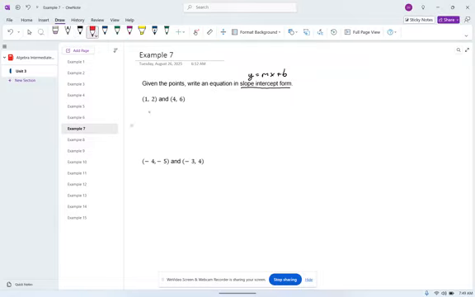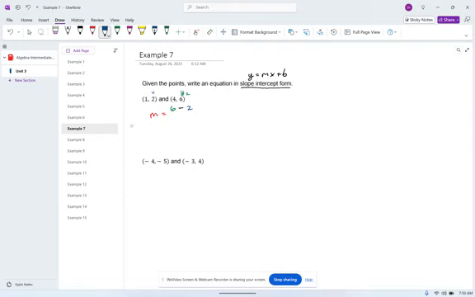And so, again, we go back to the slope formula, m equals, let's go 6 minus 2, because again, 6 is y2.